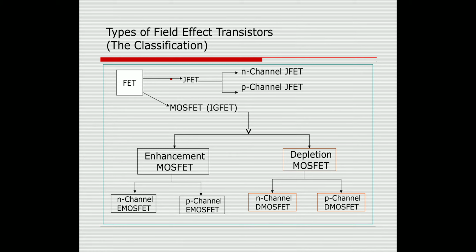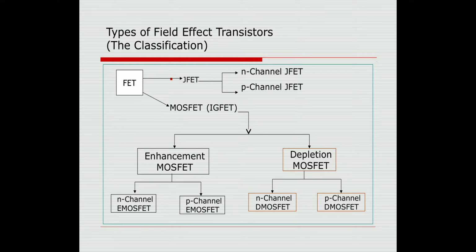This is the classification. These are the types of field effect transistors. FETs are mainly divided into two categories. JFET means junction field effect transistor, and it is further divided into two types, N-channel JFET and P-channel JFET. The other type is MOSFET. MOSFET means metal oxide semiconductor field effect transistor.